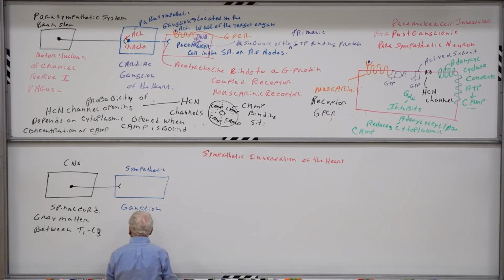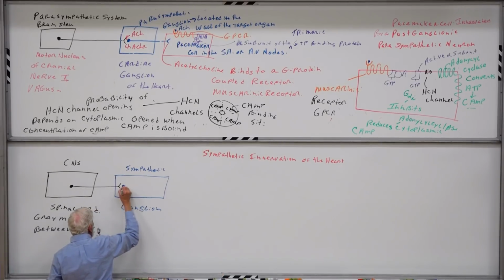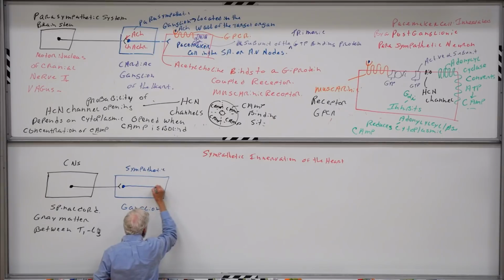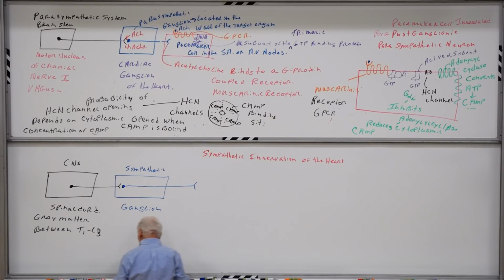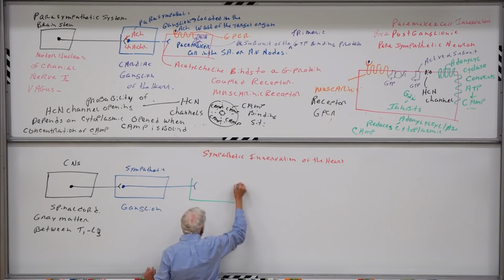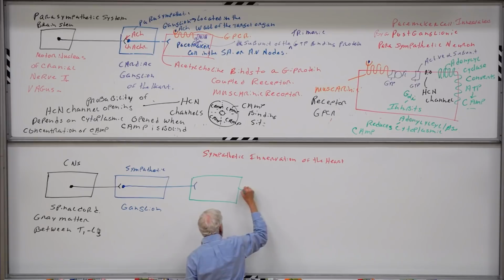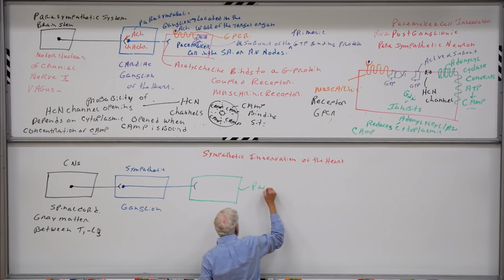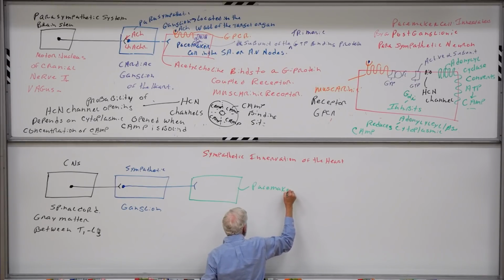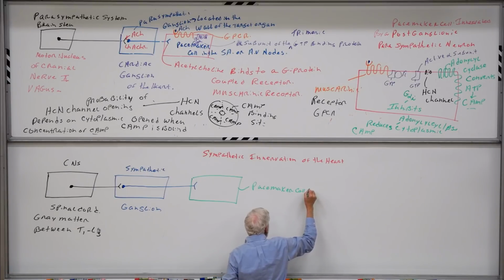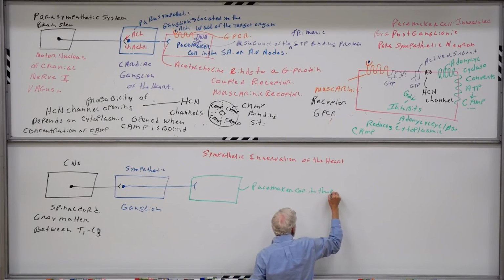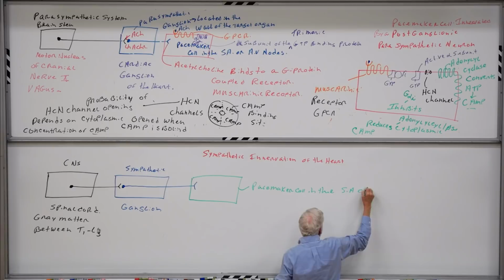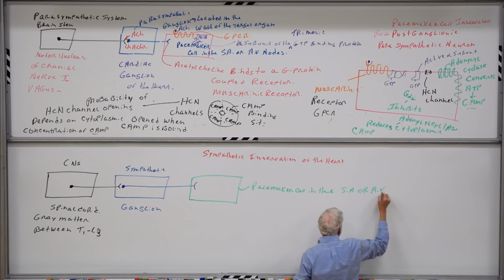The preganglionic neuron synapses onto a postganglionic neuron, just as we saw above. And the postganglionic neuron is now destined to innervate the target, which in our case here, again, is going to be a pacemaker cell in the SA or AV nodes.